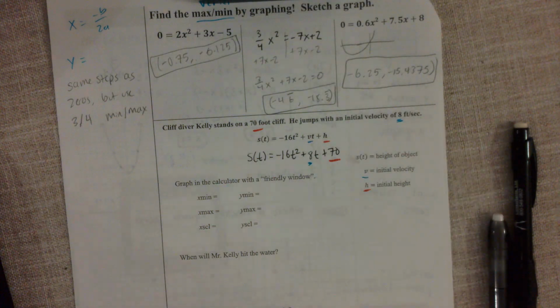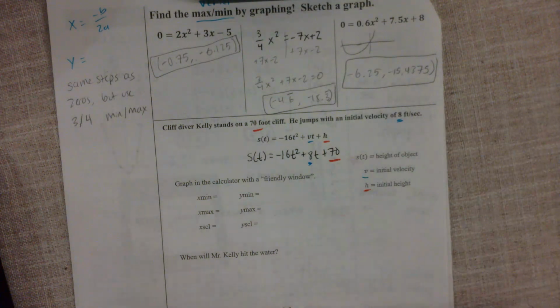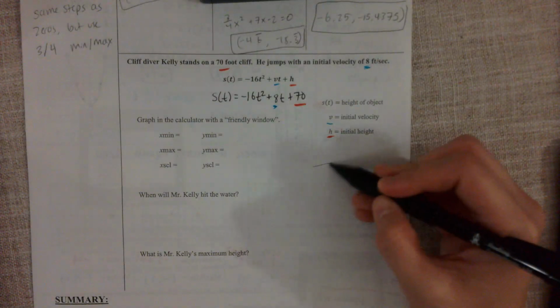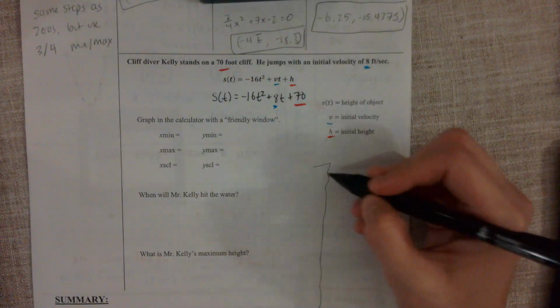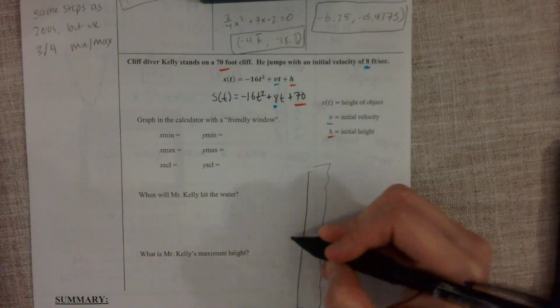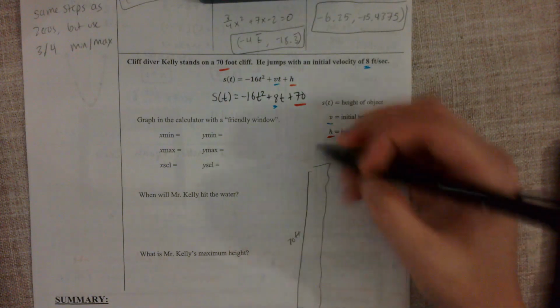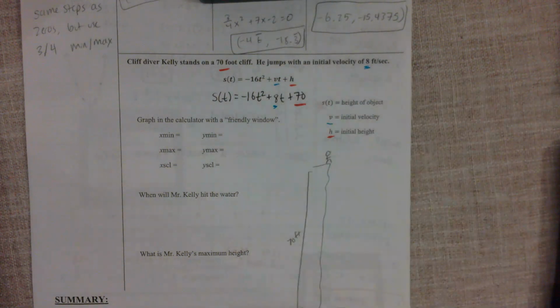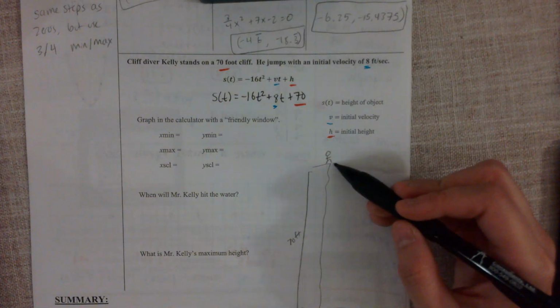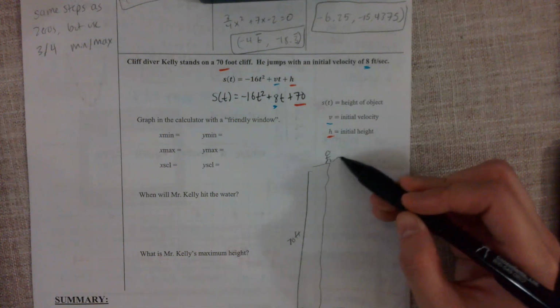Okay, so let's draw a picture. With word problems, you always want to draw a picture. So we have a 70-foot cliff, and we can mark this 70 feet. We have Mr. Kelly. He's going to jump with an initial velocity, and then he's going to fall down.